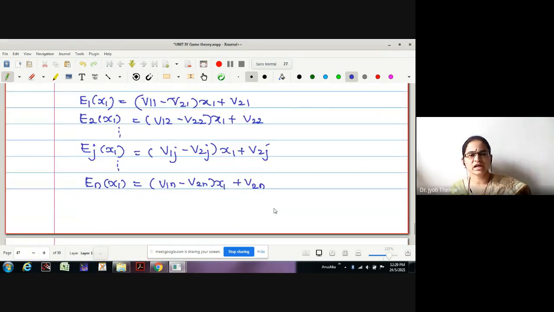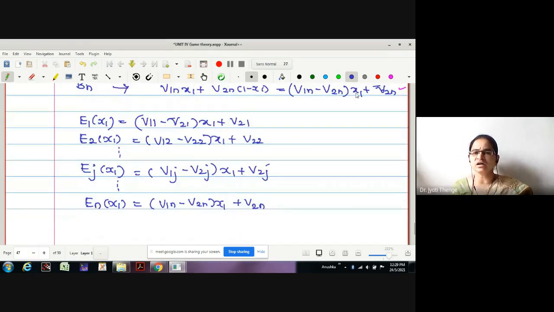So these are the expectation values and they are linear equations in x1. But what about x1? We know it is a probability, so the value of x1 always lies between 0 and 1.